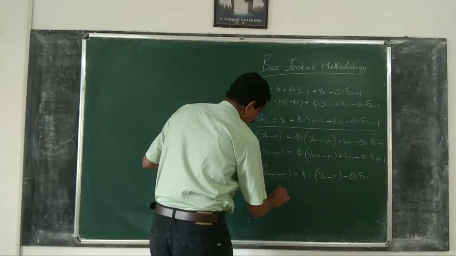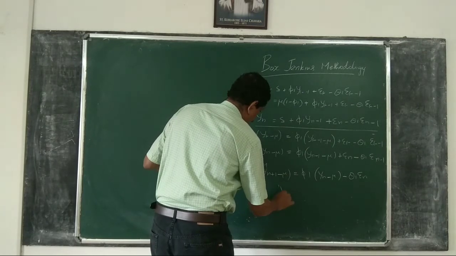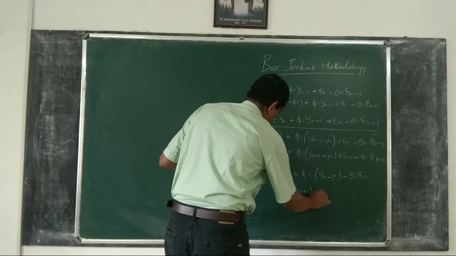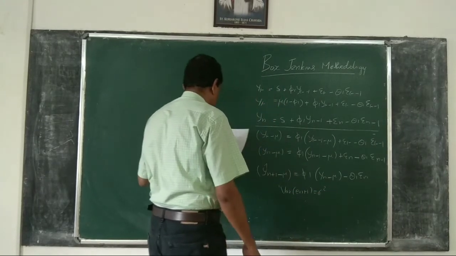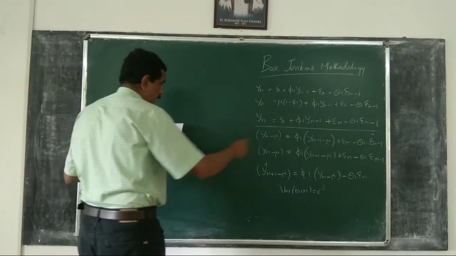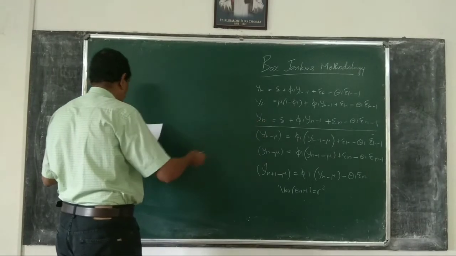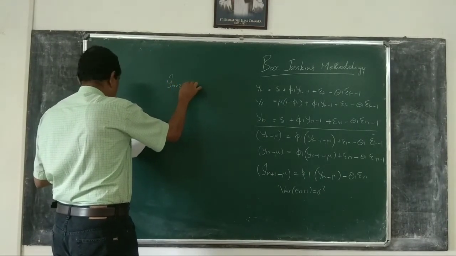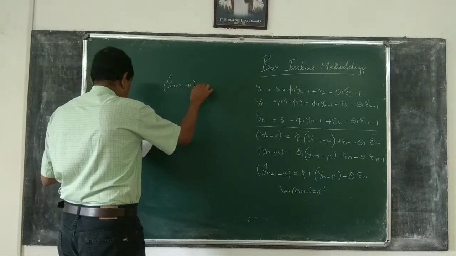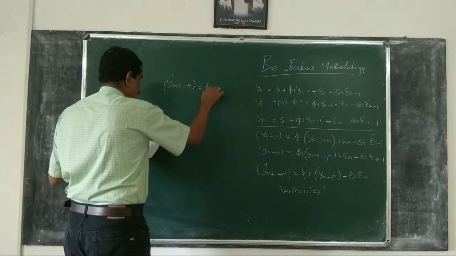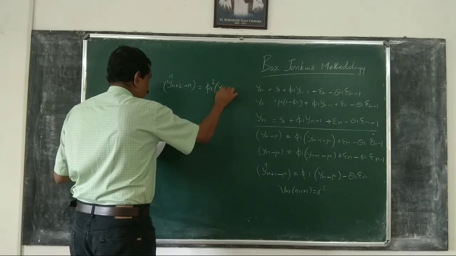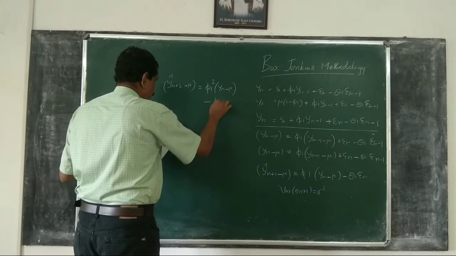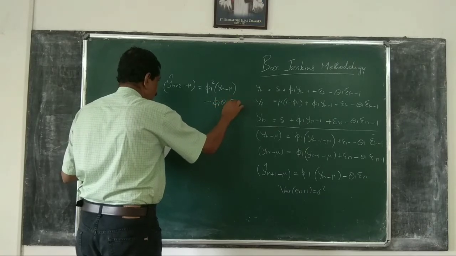And the forecast error variance is the variance of En plus 1 equal to sigma square. For the second period, if you substitute the values, y hat n plus 2 minus mu is equal to phi 1 square into yn minus mu minus phi 1 theta 1 epsilon n.